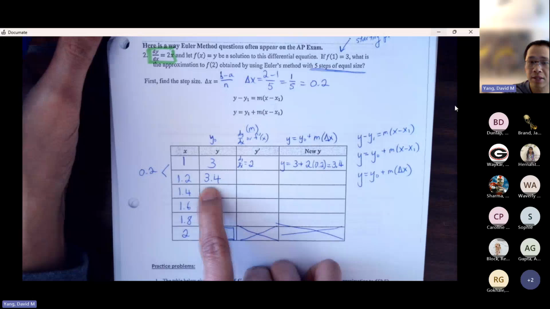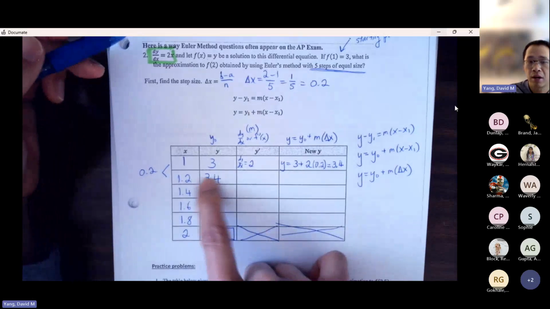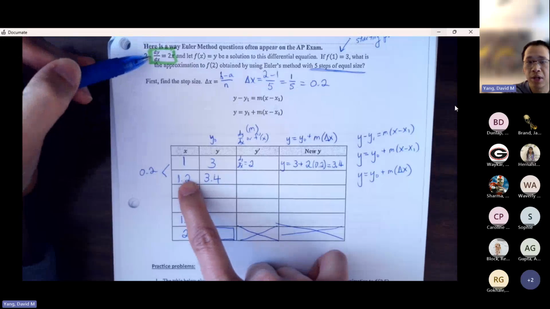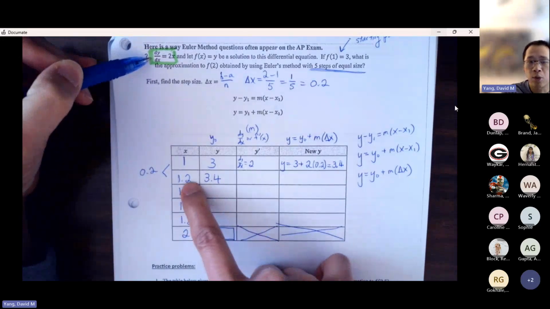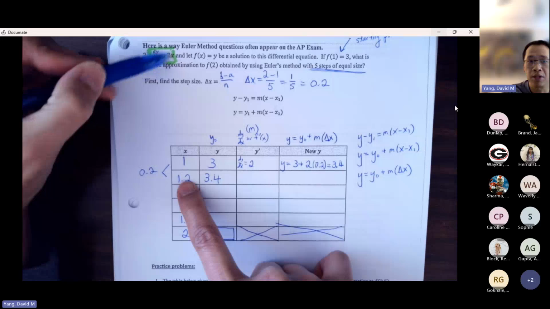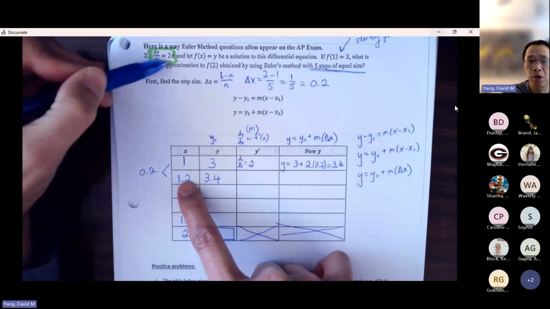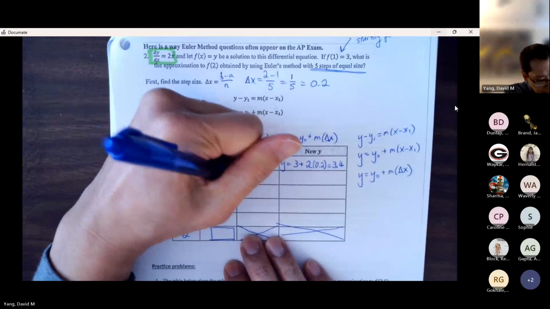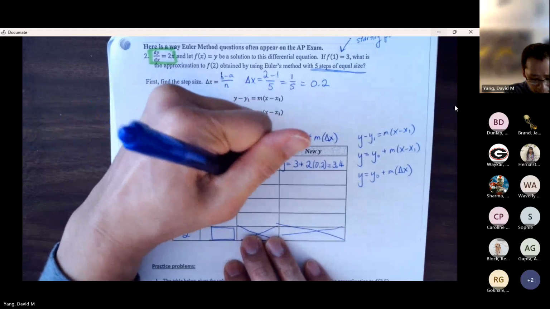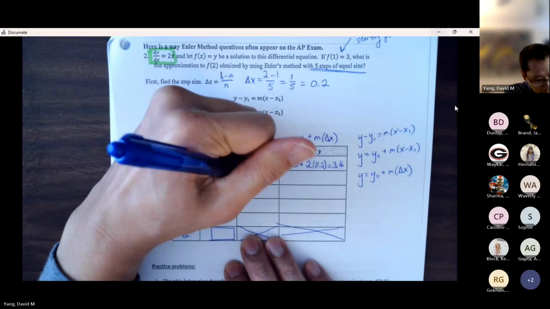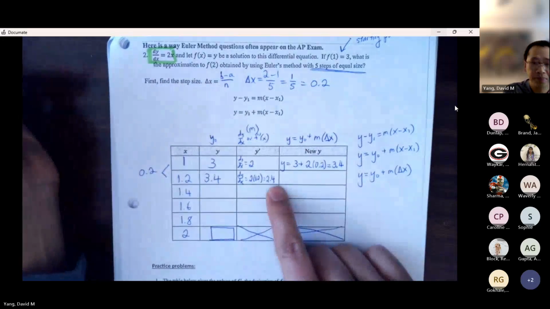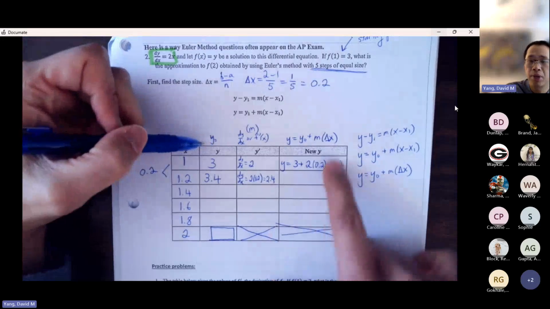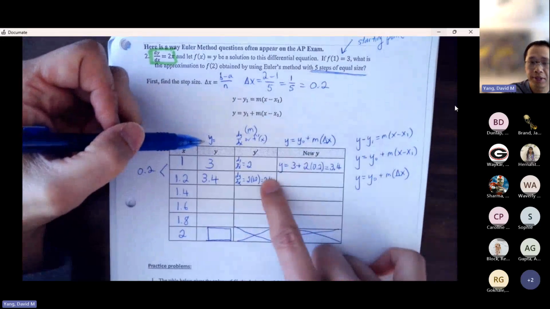So now we just repeat the process. We're going to take our ordered pair. In this case, I guess we don't need the y value. We just need the x value. Repeat the process. Take that x value, dump it into your derivative to get your updated slope at that point. Take that 2.4, that's our slope, and now put it into our tangent line equation.